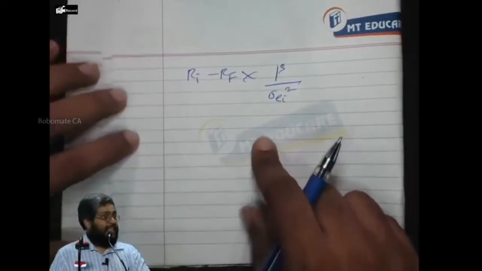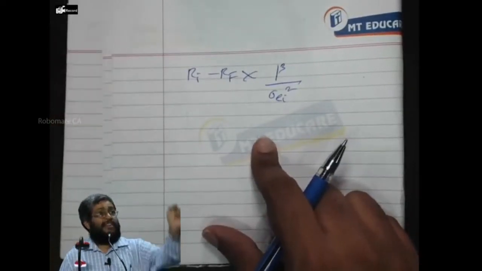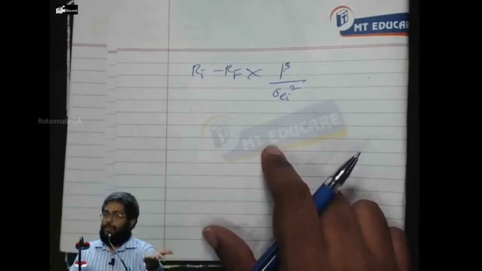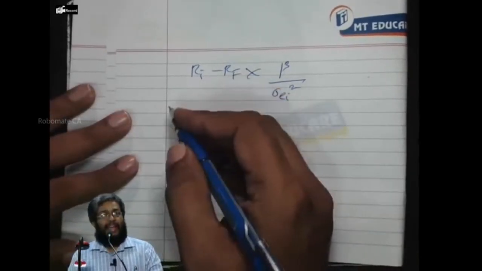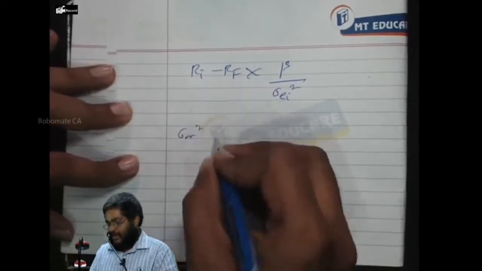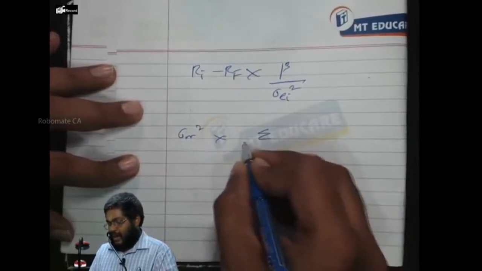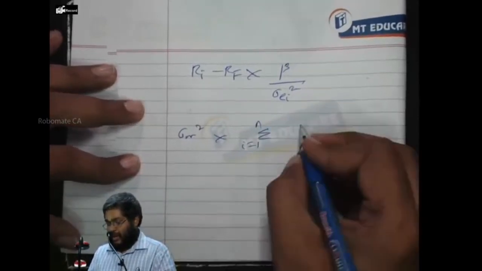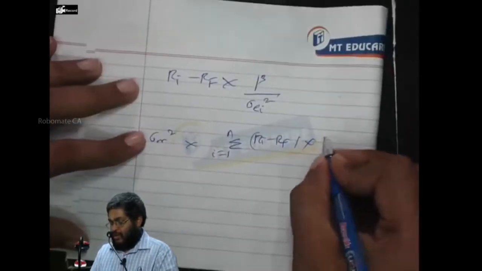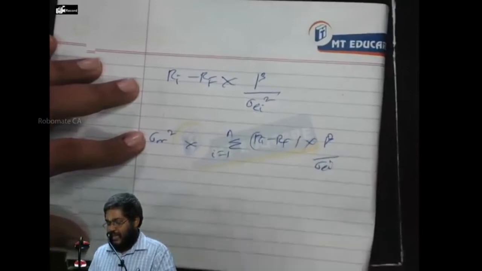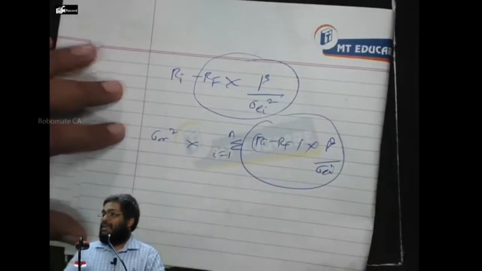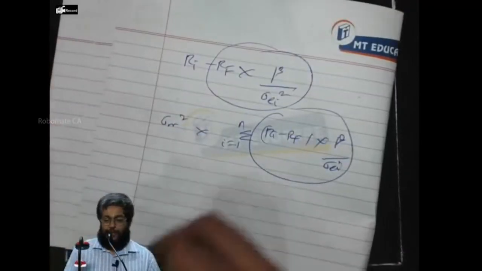If you see the cutoff point formula, that comes under the numerator: the variance of the market, sigma M squared, into the sum from I equal to 1 to N of RI minus RF into beta divided by sigma EI squared. This is what I am trying to calculate here. This is the third column. Yes or no?